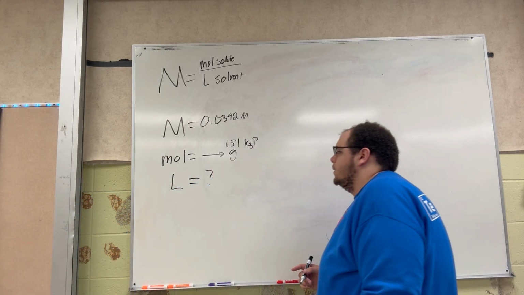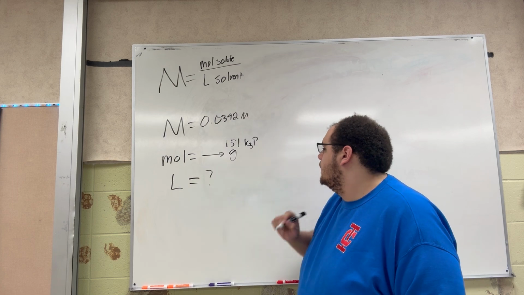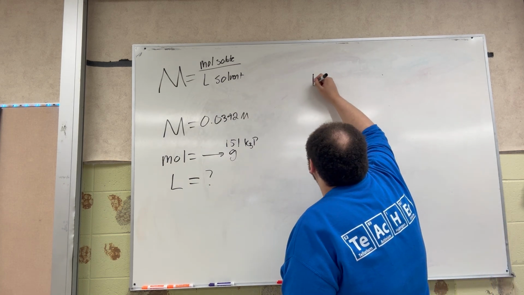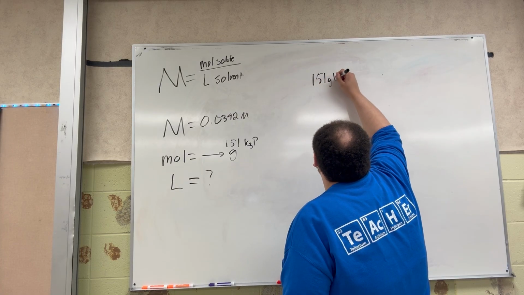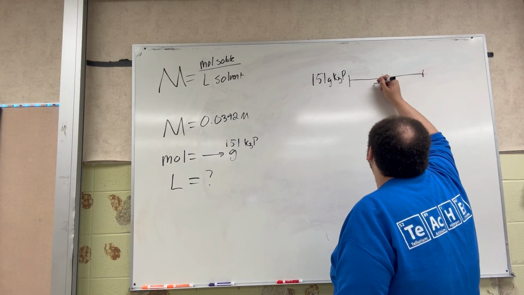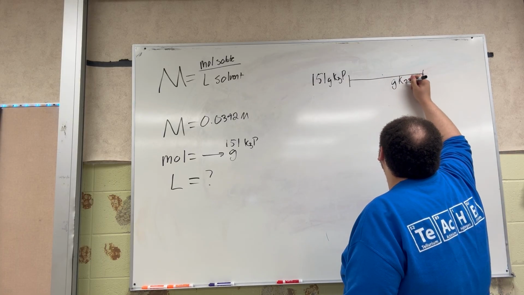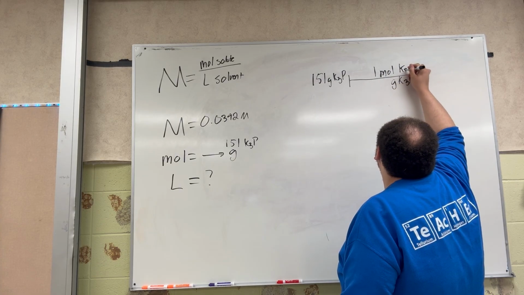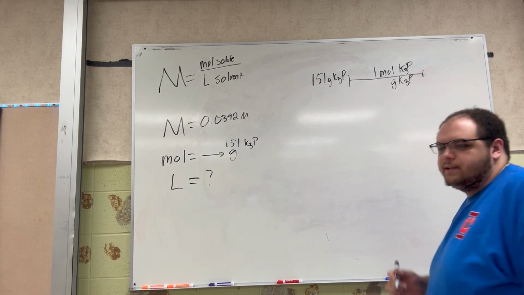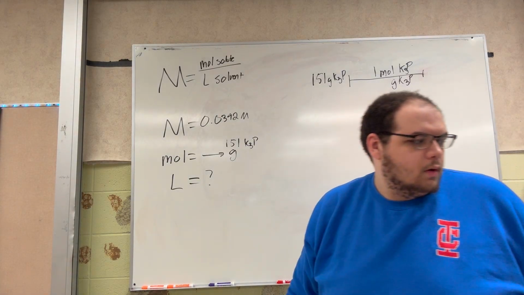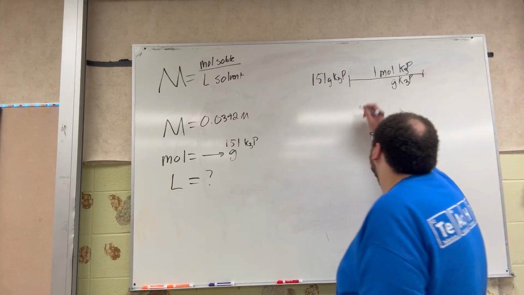I'm gonna have to end up calculating moles using my grams, which means I actually need to start this problem with my stoichiometry. What do we get for our molar mass of K3P? 148 point what? 27.